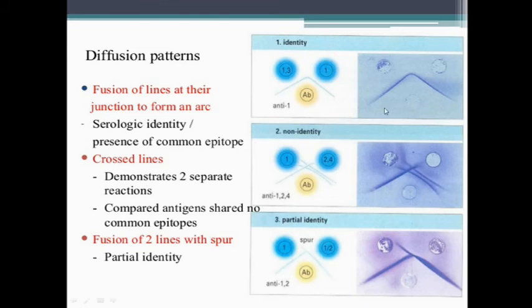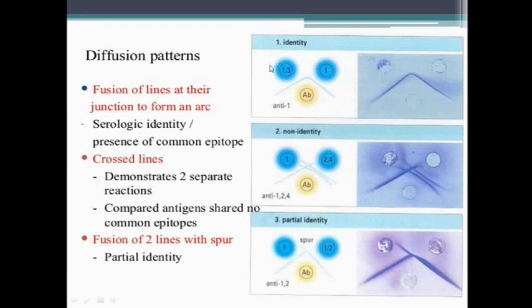Antigen and antibodies diffuse, and after some time we get the bands that are fused, forming fusion lines at their junction to form an arc.